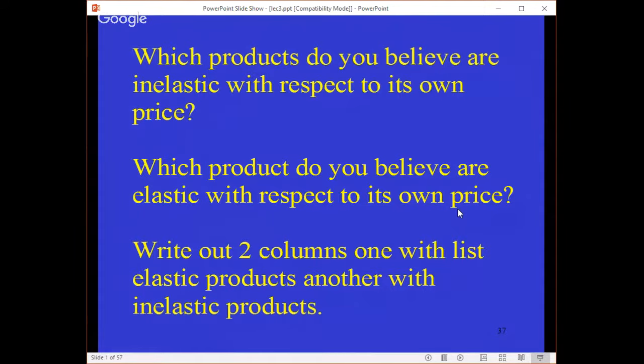If the price of this goes up, I'll just switch to something else. For some things, like gasoline, I can't switch tomorrow and plug in my car at home, and that takes a while. But anything where there's a quick and fast substitute is generally more elastic. Okay, anything else? All right, well, that's basically the discussion I wanted.